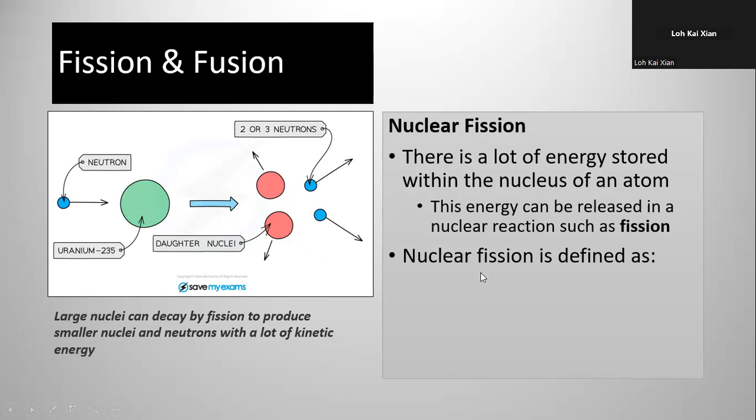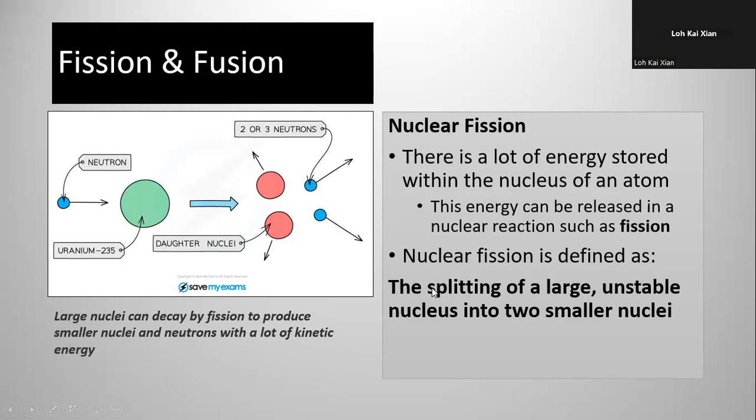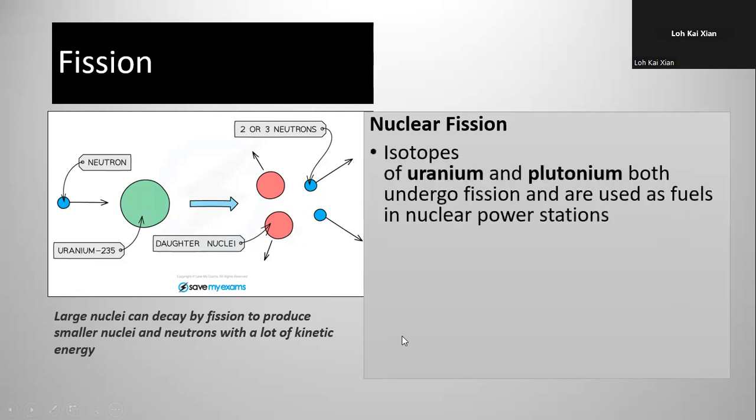Nuclear fission is defined as the splitting of a large unstable nucleus into smaller nuclei. This one you need to memorize. Isotopes of uranium and thorium both undergo fission and are used as fuel in nuclear power stations.